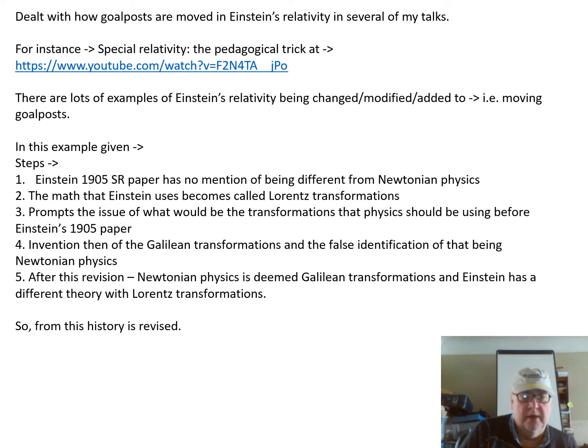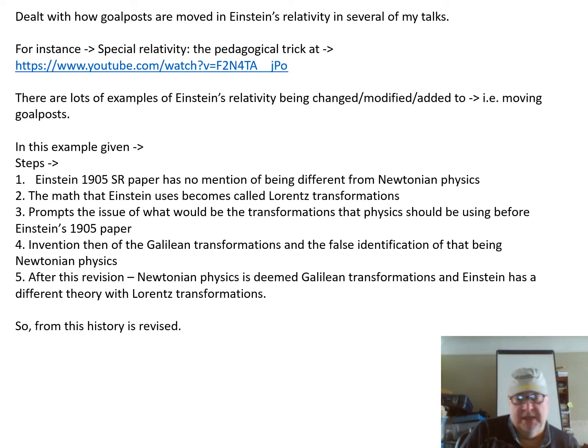And I've dealt with how the goalposts are moved in Einstein's relativity in several of my talks, such as this one we refer to here. There are lots of examples of Einstein's relativity being changed, modified or added to, and that's moving the goalposts. In this particular example we are now dealing with the secrets of Galilean transformations. The steps are: Einstein's 1905 special relativity paper has no mention of being different from Newtonian physics.